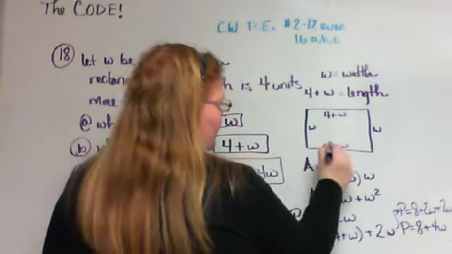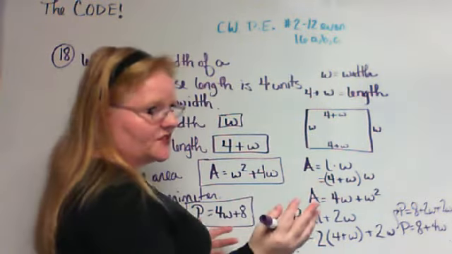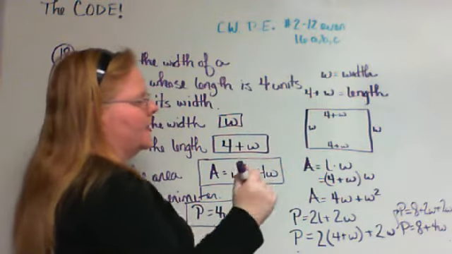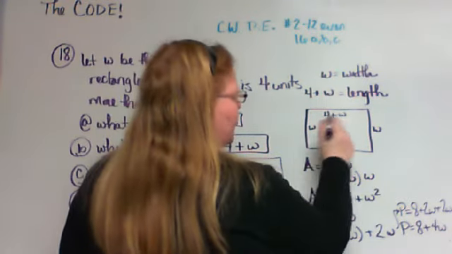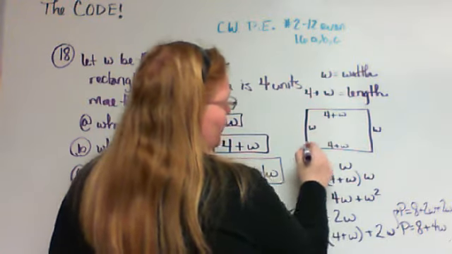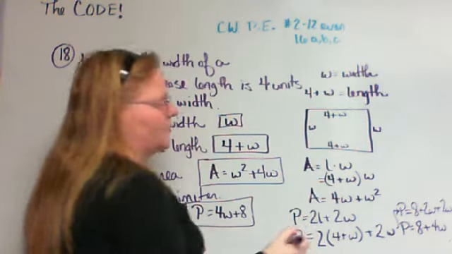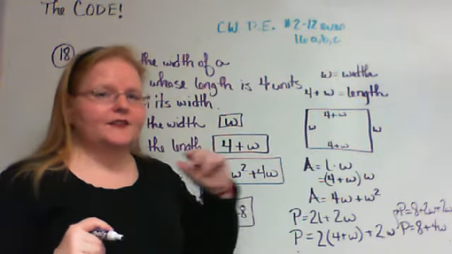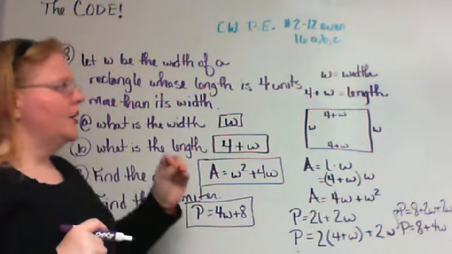And then 4 plus 4, that's 8. Just adding them up, because you know to find the perimeter by adding up all the sides. Same way with the area, you know it's length times width, so you know to multiply those two. 4 times W is 4W, W times W is W squared. So just getting the picture is a whole lot helpful.